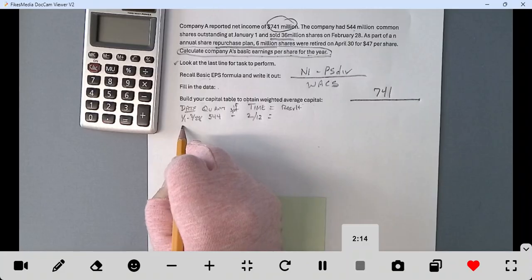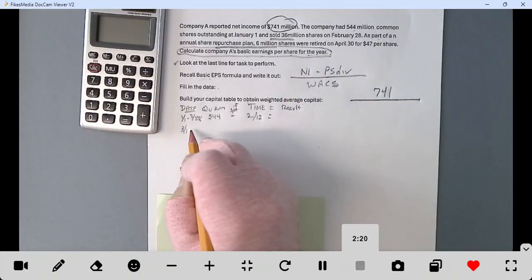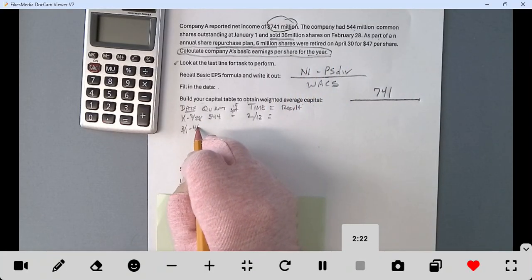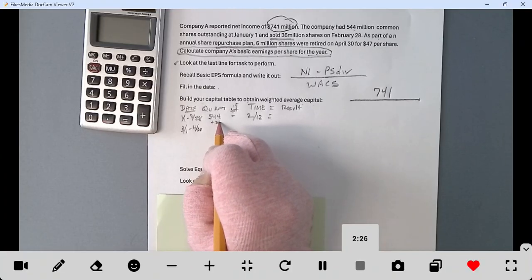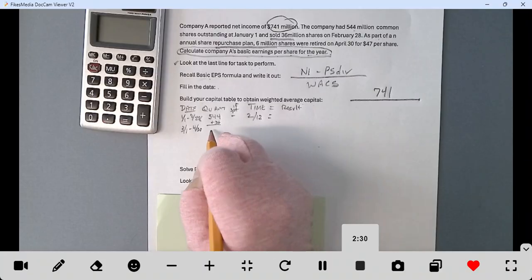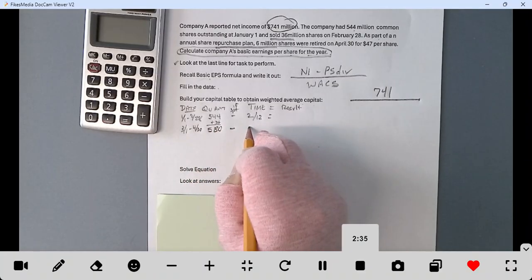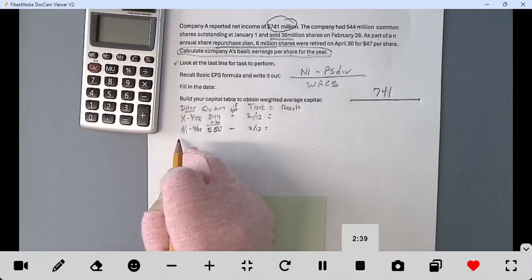The next one was from 3/1, after February 28th, to 4/30. We added 36 shares, so we'll put that in, and we have 580. It did not split, and it was outstanding for 2 out of 12 months.